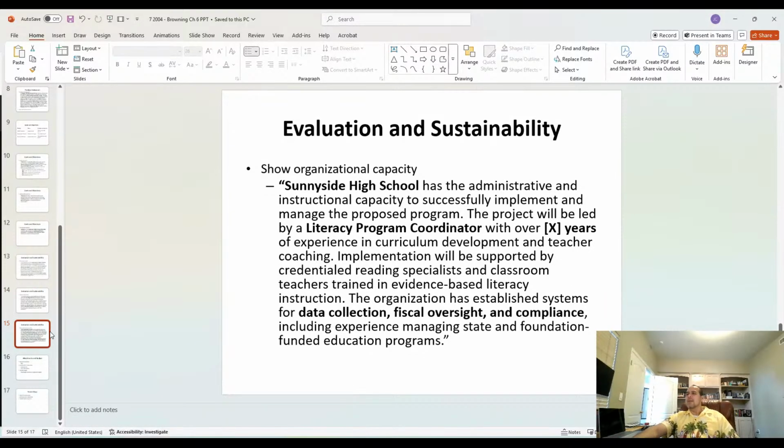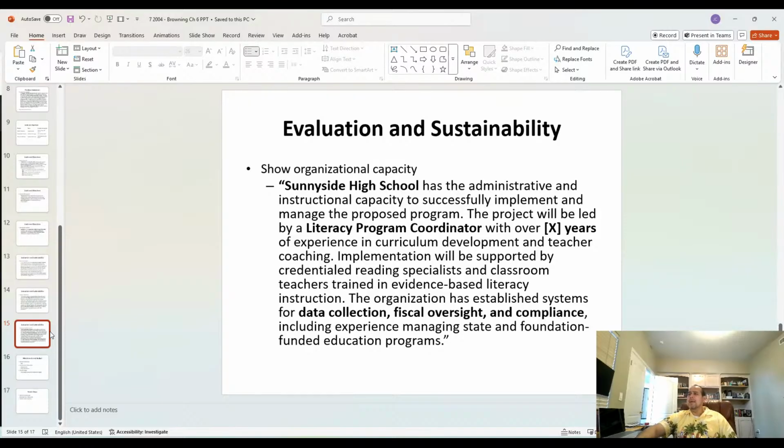All right. And showing organizational capacity, which means, do you have the right people, the good number of people to be able to implement the program? So here's an example. Sunnyside High School has the administrative and instructional capacity to successfully implement and manage the proposed program.